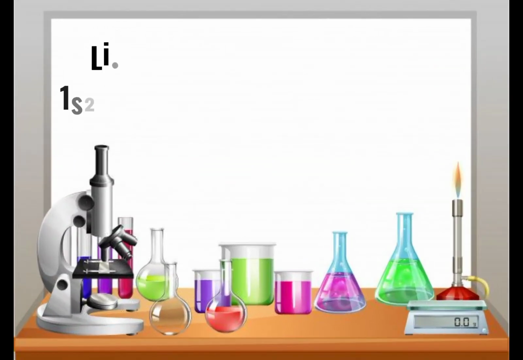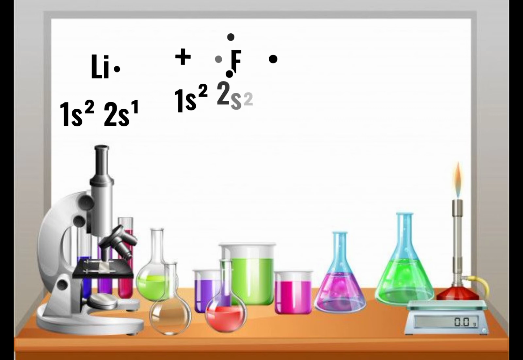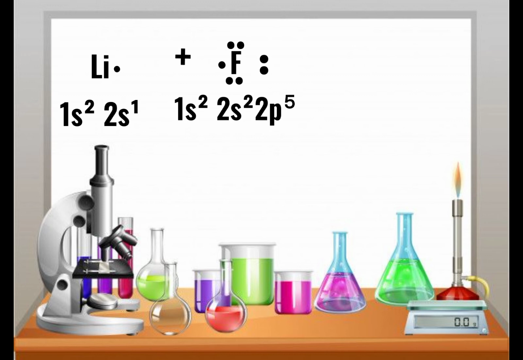So, we have lithium with its valence electron of 1. The electron configuration is 1s2, 2s1, while fluorine has a valence electron of 7. The electron configuration is 1s2, 2s2, 2p5.